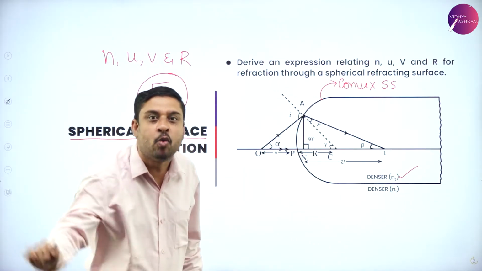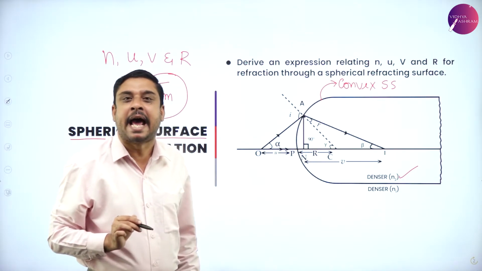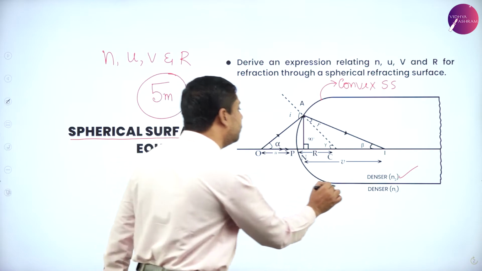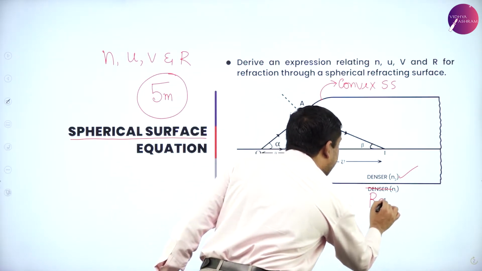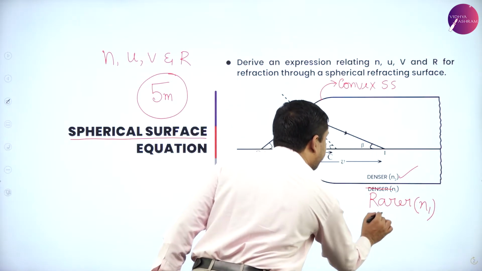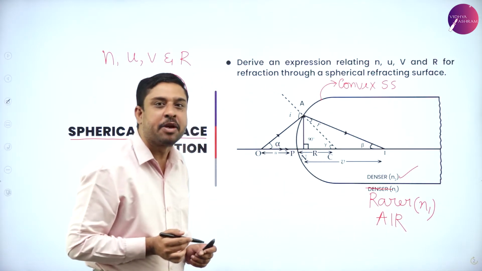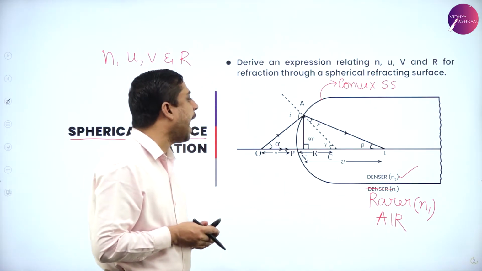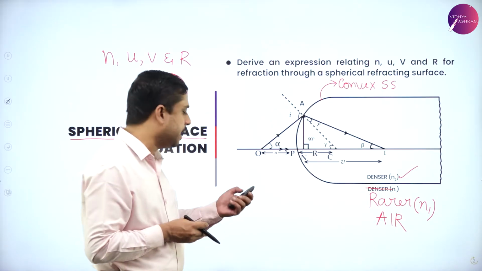It is surrounded by air, placed in an air medium whose refractive index is N1. So the surface is surrounded by air, a rarer medium whose refractive index is N1.